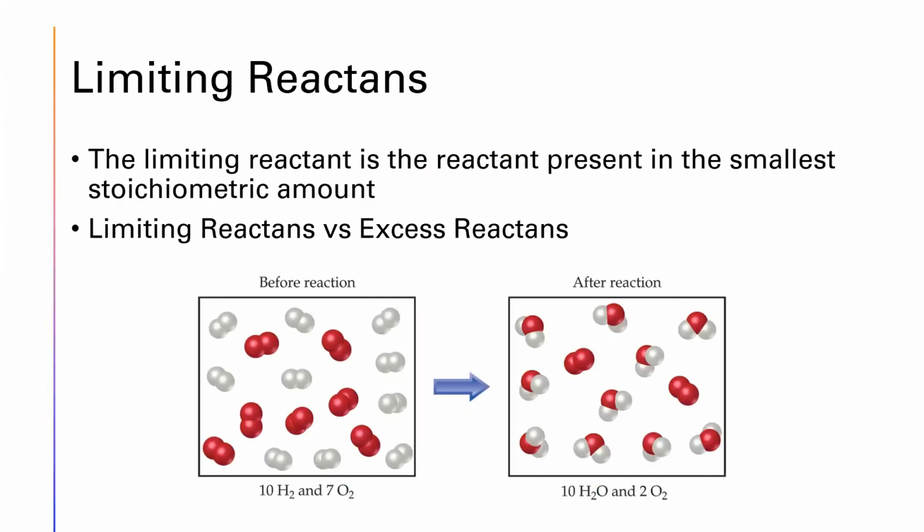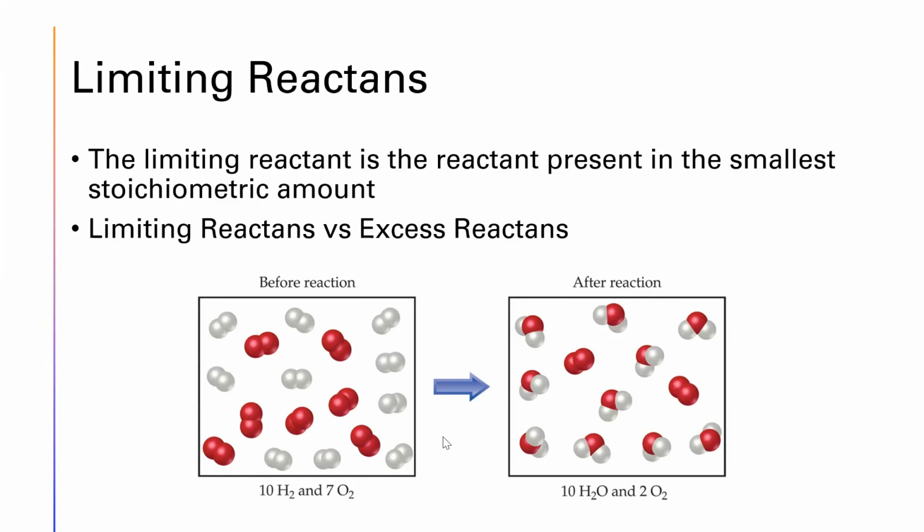And then after we understand stoichiometric calculation, we have to understand what we call limiting reactants, because not all reactions always have an equal amount. For example, we have 10 molecules of H2 and 7 molecules of O2.